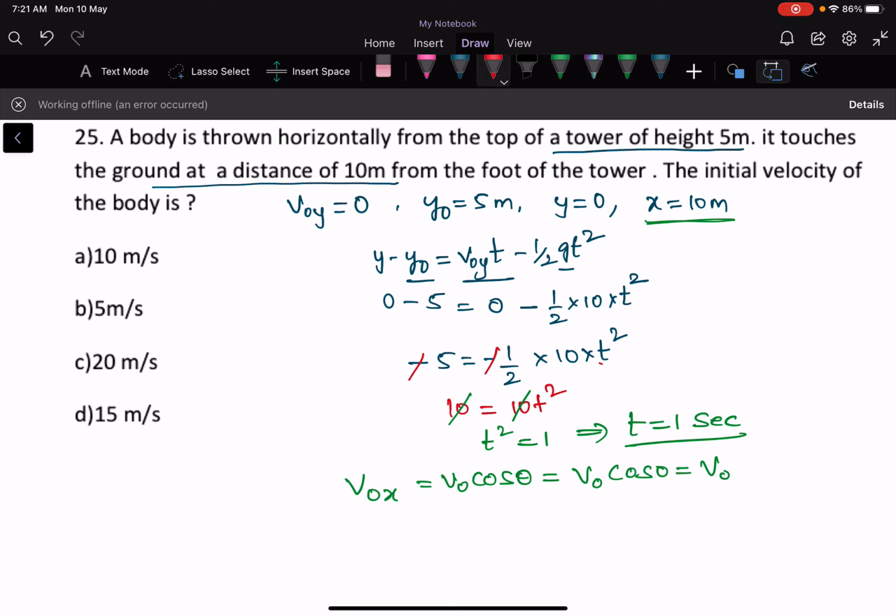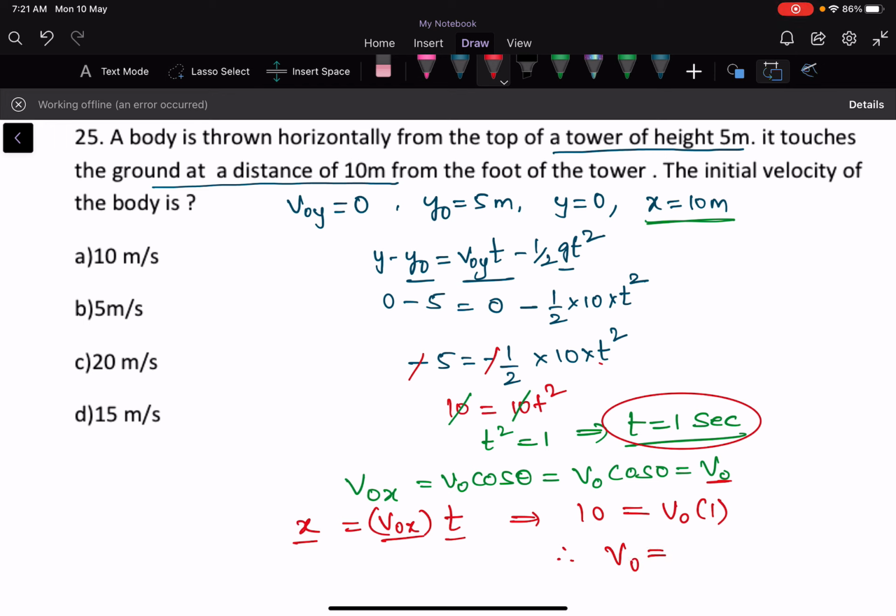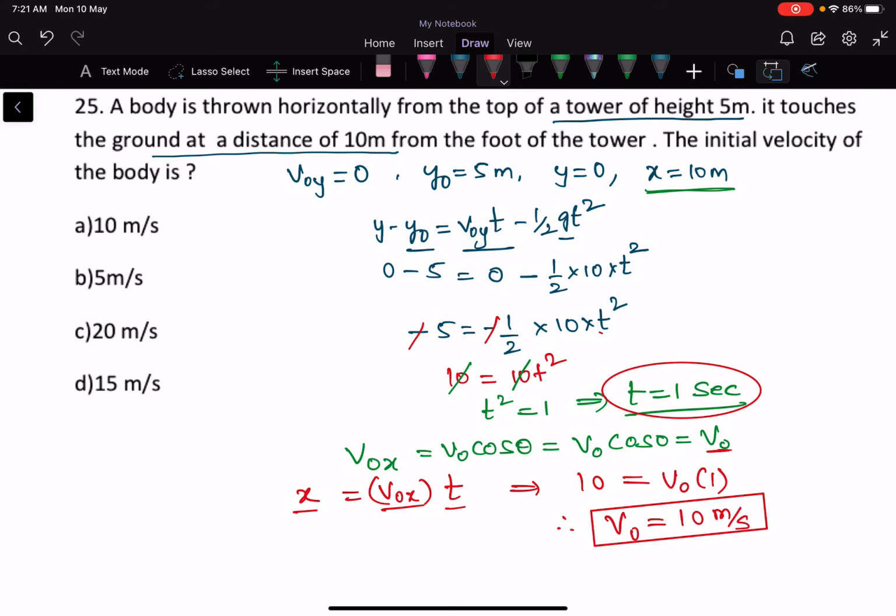So here x is equal to v0x into t. He has given x equal to 10, that is equal to v0x, which is simply initial velocity v0, into t, which we have got as 1. Therefore the answer for v0 is 10 by 1, which is 10 meters per second. That is the correct answer.